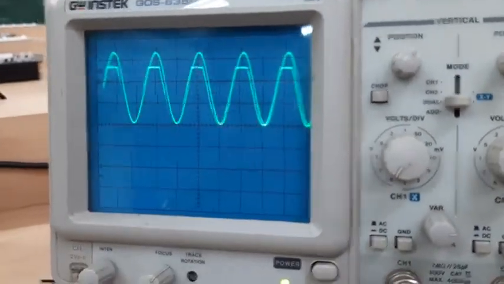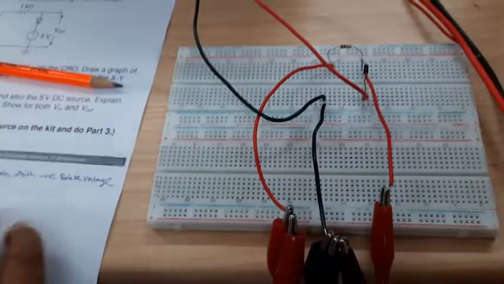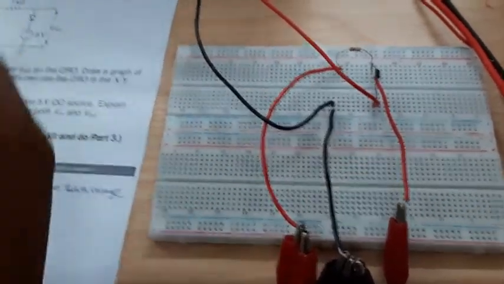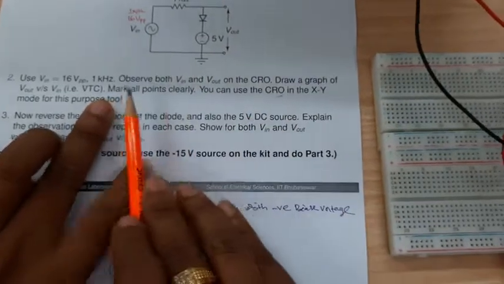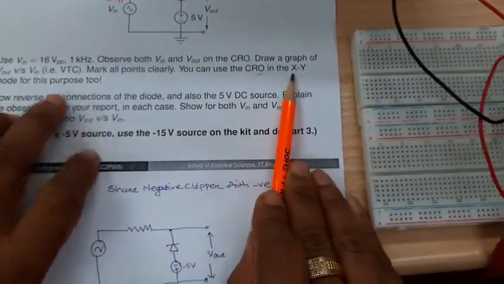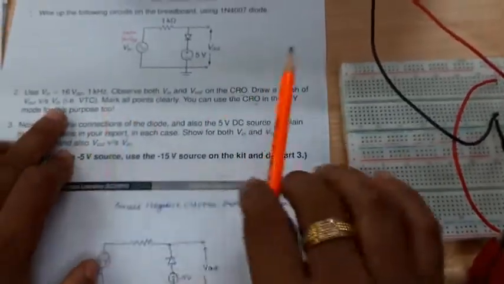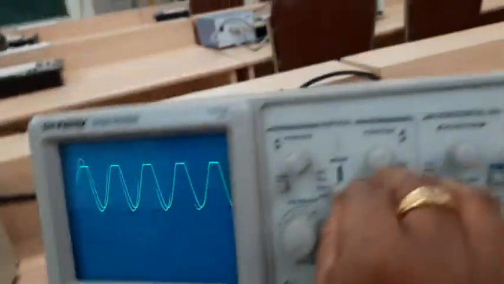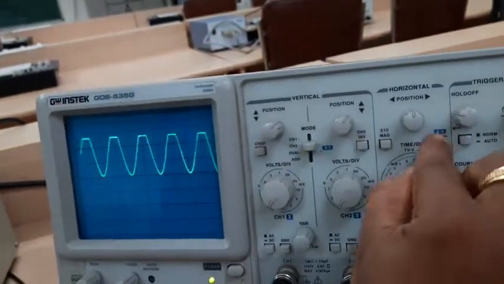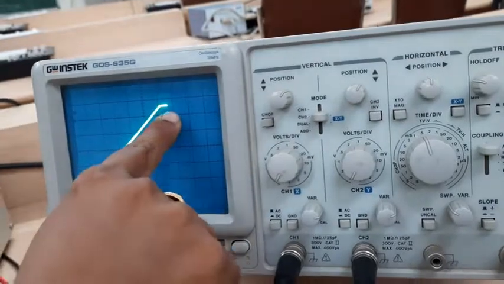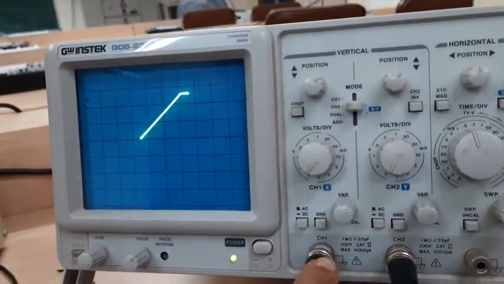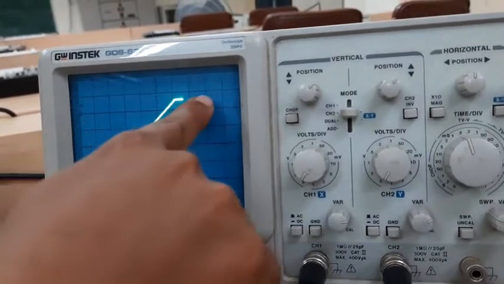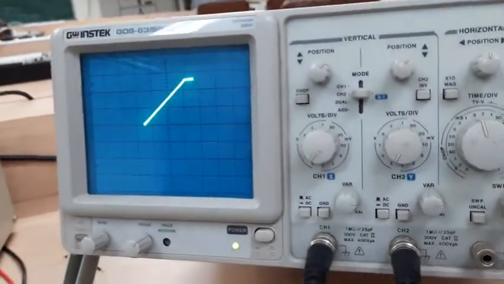Then we will go for the shunt negative clipper with negative bias. Before that, we will draw this graph in XY mode, V out versus V in. If we make it in XY mode and trace the XY, this is our graph. You can see this is our graph, V out versus V in.